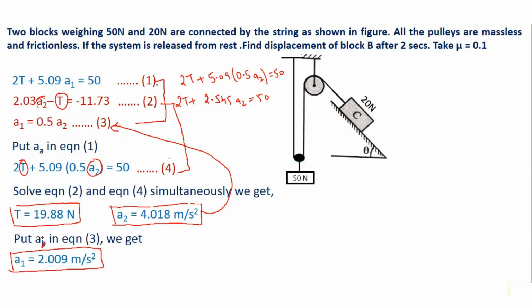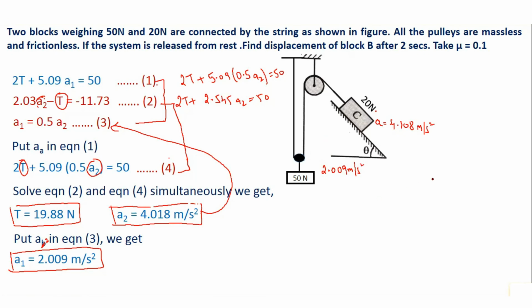This is nothing but a. So with this we have completed half of the solution. So we now got the value of acceleration for this body a2. So this was my body, I will write here. The acceleration for this body is 4.108 meter per second square, and for this body I got the acceleration as 2.009 meter per second square.